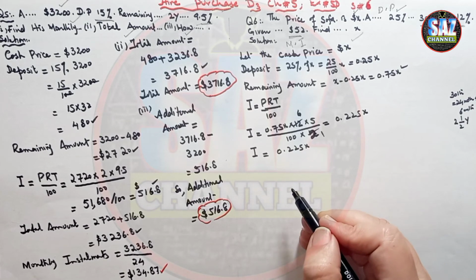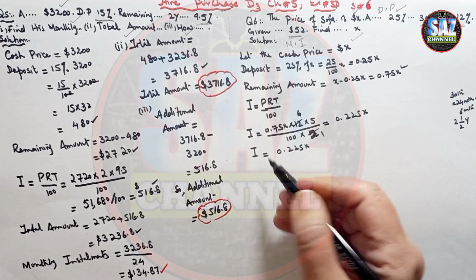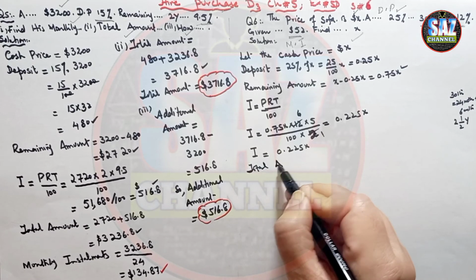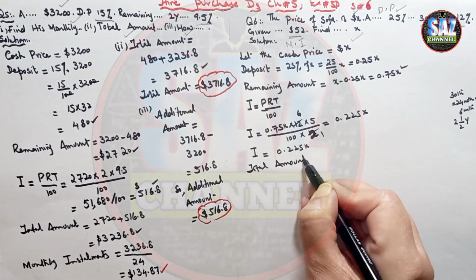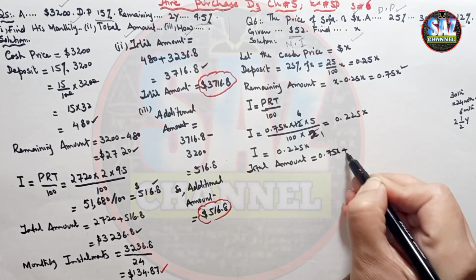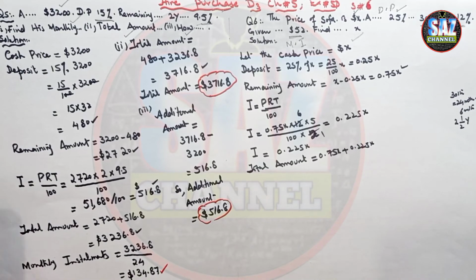So the total amount that he has to pay will be equal to 0.75x plus 0.225x. Let me add up these two values carefully.